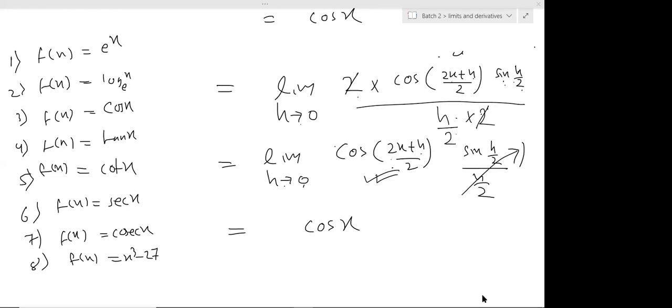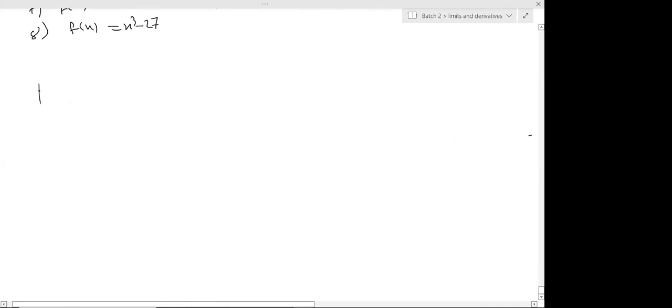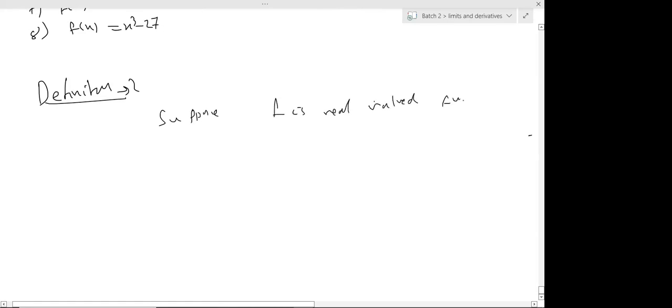All right, this was first principle. Now there is another definition of derivative. You can write definition 2. Suppose f is a real valued function and a is a point in its domain.